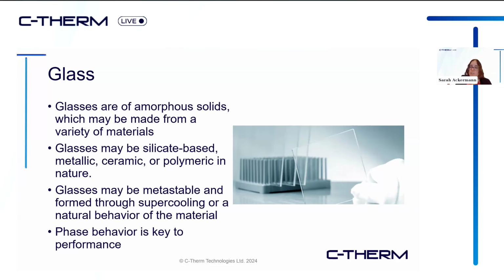So if you think of silica, silicon dioxide, that's a material that naturally is prone to exhibit glassy behavior, especially if it has some impurities within it. So borosilicate glass is another case where it tends to naturally form glasses, as well as several polymers.